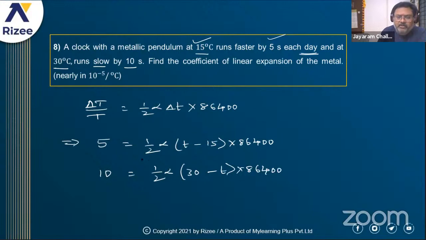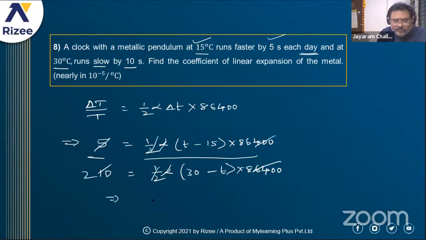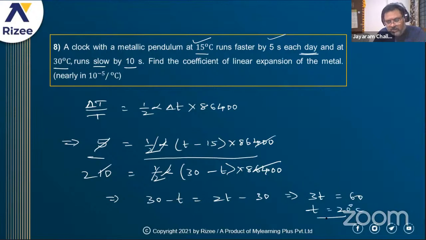Now when you solve these two, all of the common factors go off, so this will be 1 by 2. And 30 minus T is equal to 2T minus 30, or 3T is equal to 60, or T is equal to 20 degrees centigrade. It means at 20 degrees centigrade, it will show the correct reading.